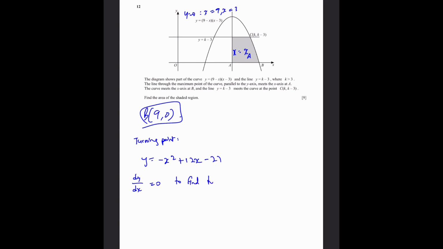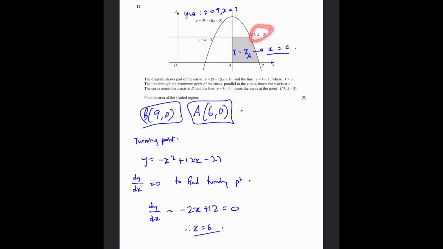So that means dy by dx is minus 2x plus 12, equal to 0. Therefore, x is equal to 6 when you solve this equation. So this becomes x equals 6. And therefore, the point A is (6, 0).